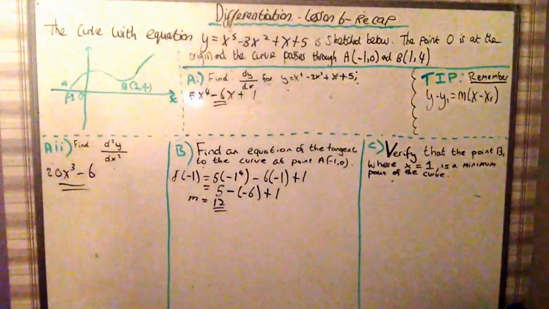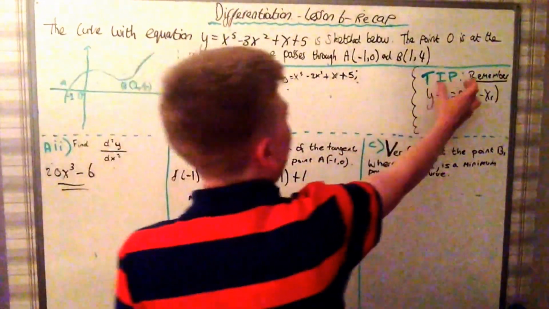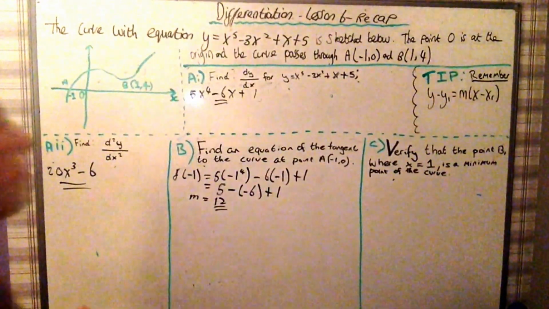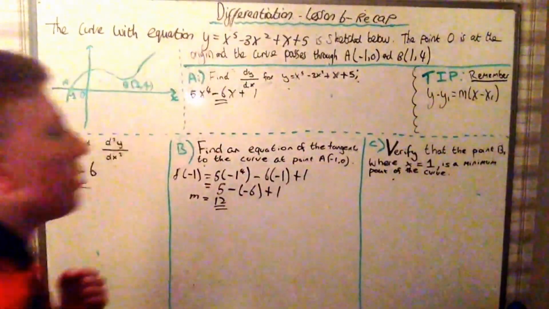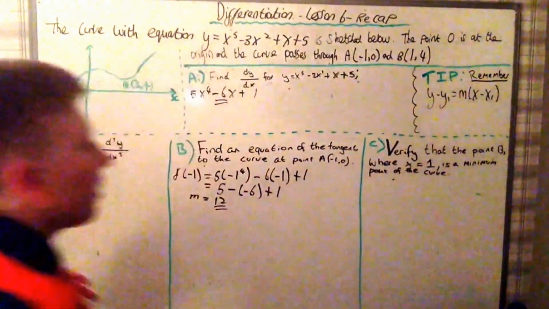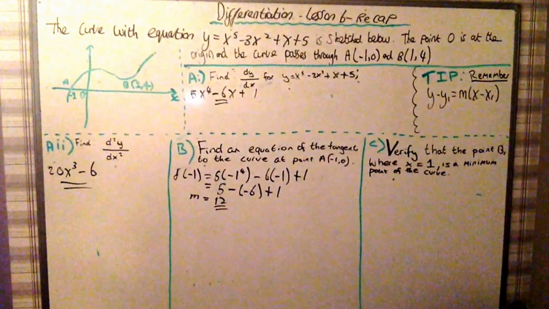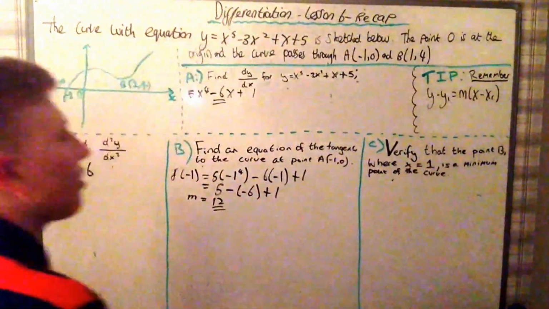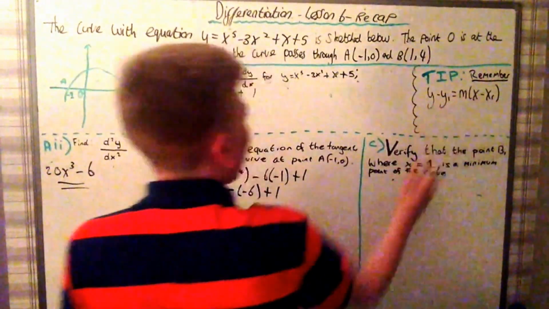Now we need to refer to this key point here, this tip. It's the equation y minus y1 equals m times x minus x1. This is the equation of a line that we need to use. At GCSE you would have been familiar with y equals mx plus c, but as you've seen in the earlier videos, this is the formula we need to use at AS level.